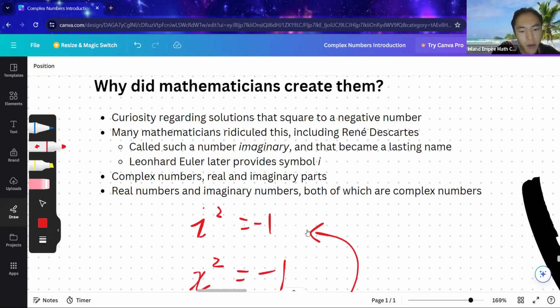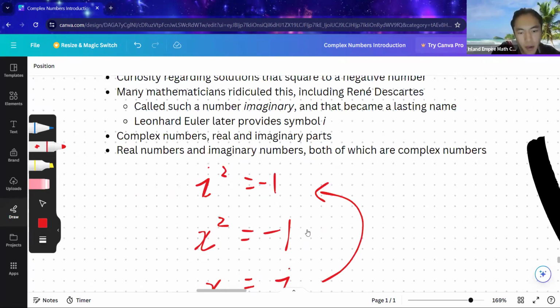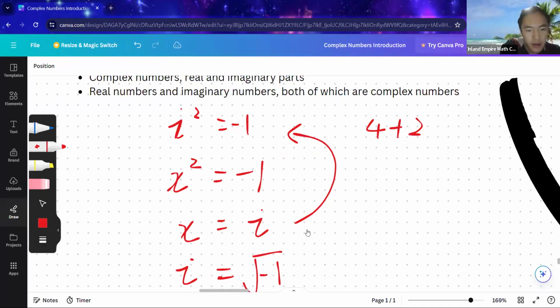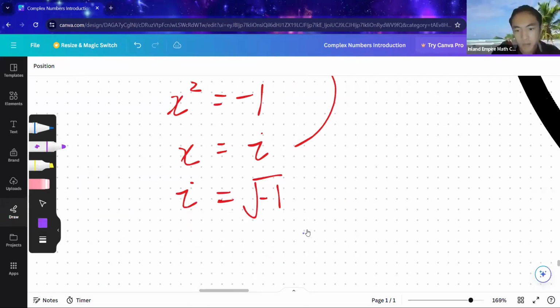If you have a number like 2 plus 4i, this 2 here is called the real part, and this 4 here is called the imaginary part.